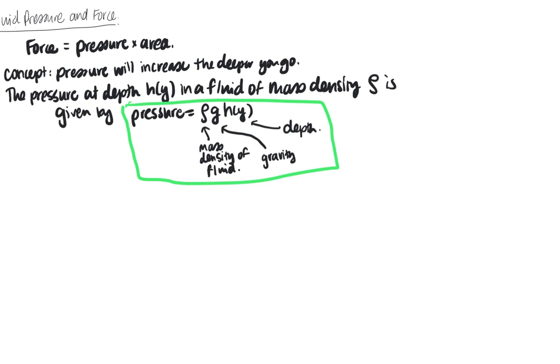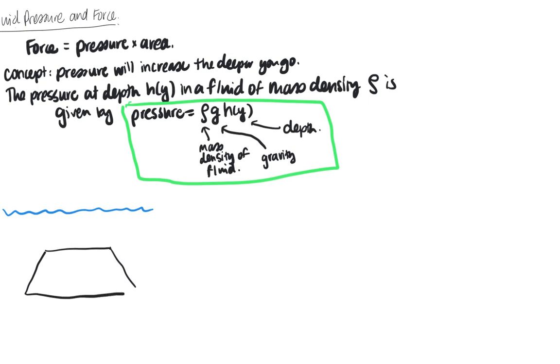Okay. All right, and then we know that the force is going to be the pressure, which I've found a way to find, times the area. But again, what we said is that that pressure is going to change for different depths. So a lot of times we'll be talking about some sort of a plate.